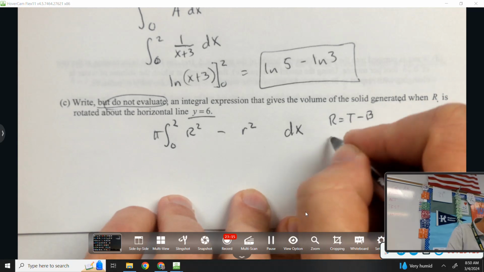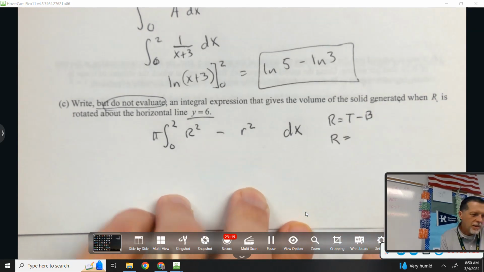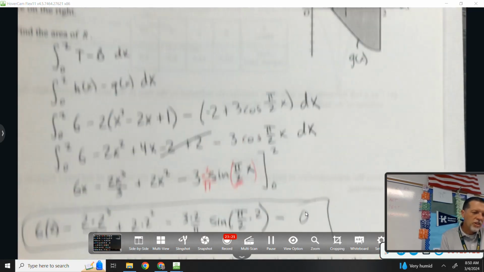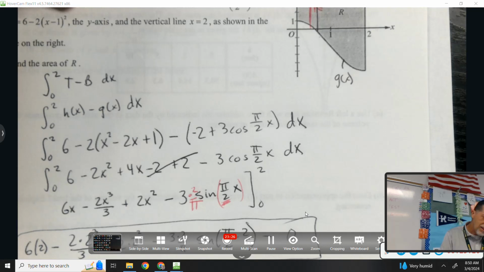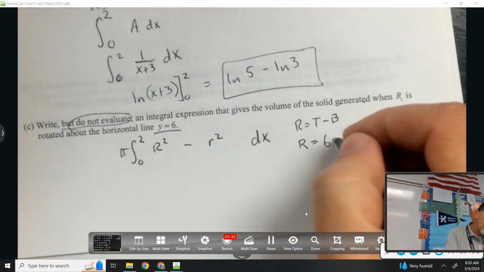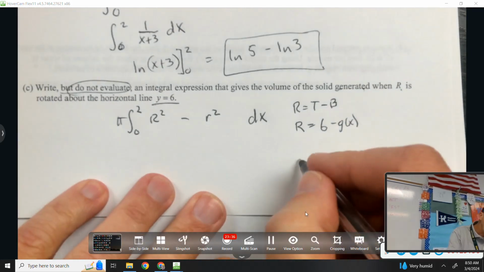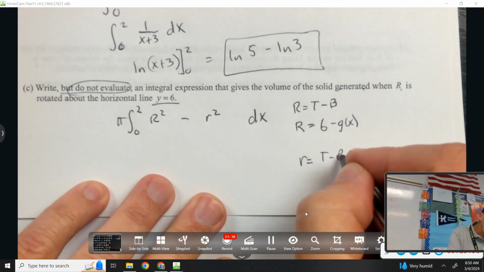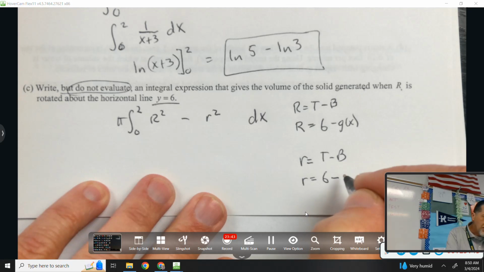Big R is top minus bottom. So look at my picture. The top is this line, 6, and the bottom is g of x. So 6 minus g of x. Little r, top minus bottom: 6 minus h of x.